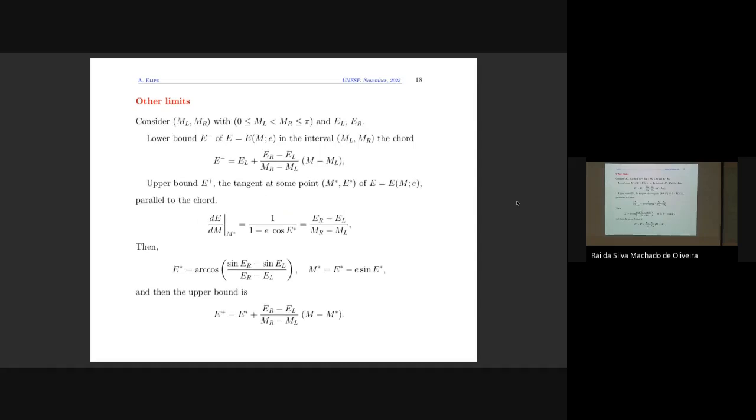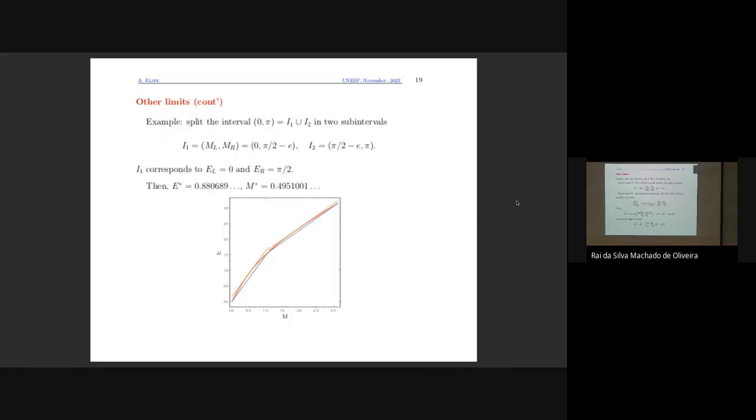Also, we can obtain a shorter length. How? Just doing something similar to the other day, but I will not go into much detail, just splitting the interval. We can put whatever we want in one point, we call left and right, and the other interval from here to the other.